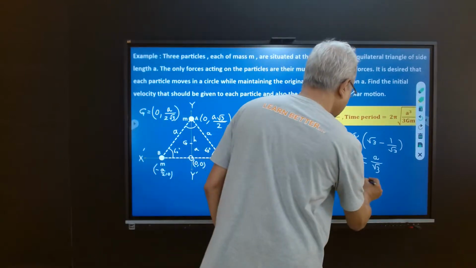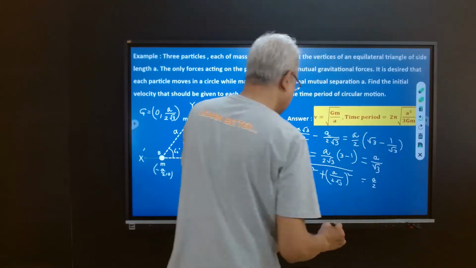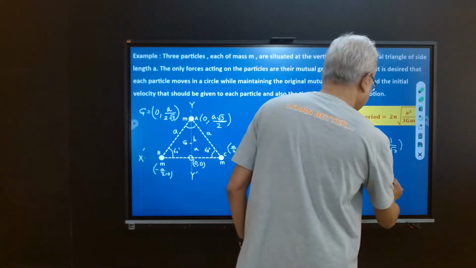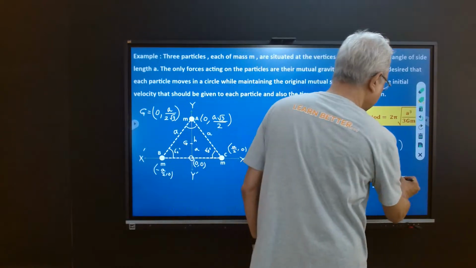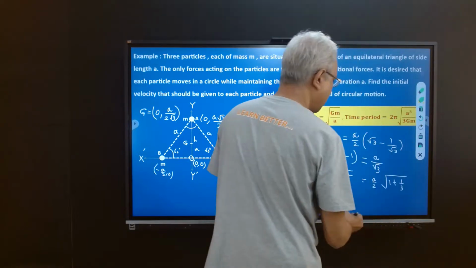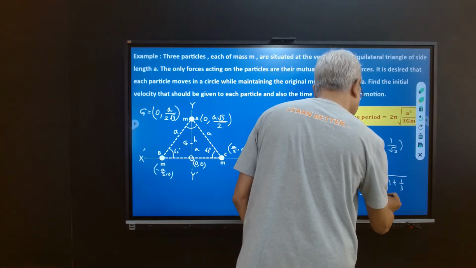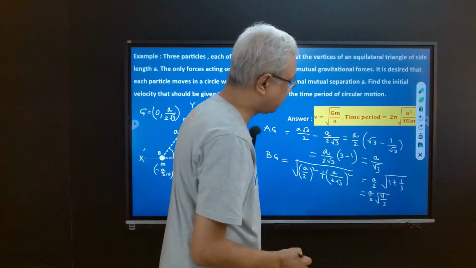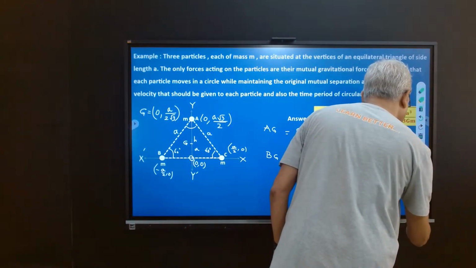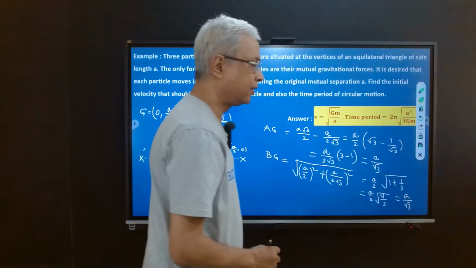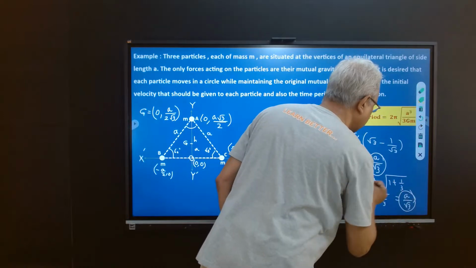I can take a by 2 common out of the square root, so it is 1 plus 1 by 3. So it is a by 2 into the square root of 4 by 3. The square root of 4 is 2, so these two cancel, and ultimately I am left with a by root 3. Here also I got a by root 3, here also I got a by root 3.